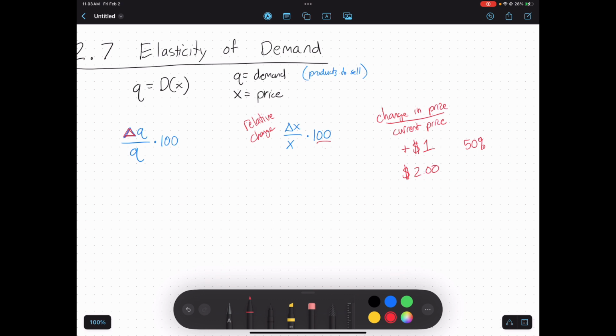And that's a lot different than if I increase it by $1, but my current price is $100. This is a 1% increase. So that's this idea of relative change. If I change it by a certain amount, what is that relative to what it's currently at?